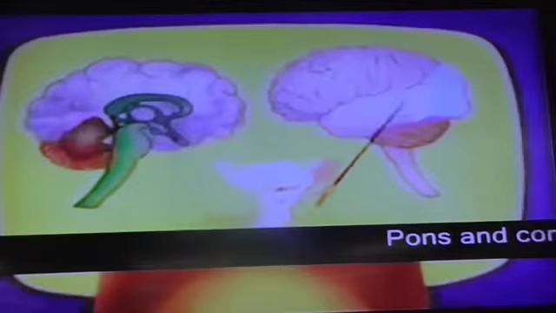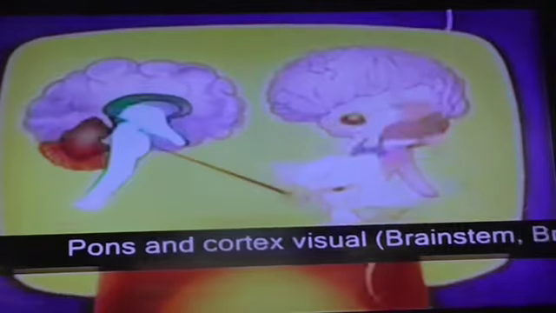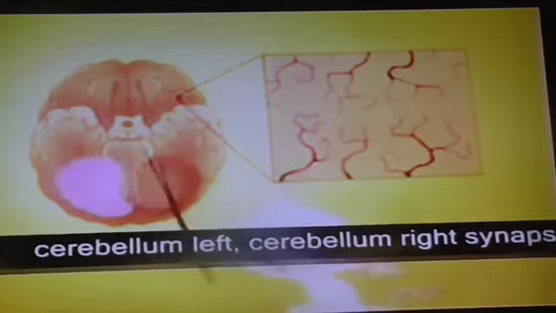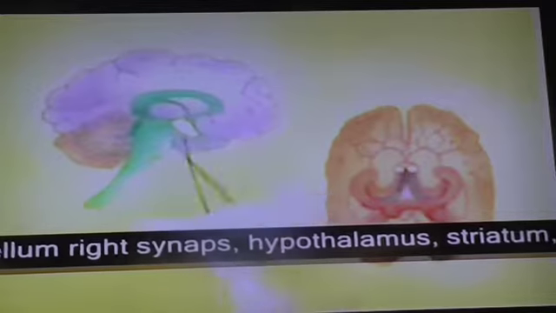Hippocampus, neural node, right hemisphere. Pons and cortex, visual. Sylvian Fisher, pineal, left hemisphere. Cerebellum left, cerebellum right. Synapse, hypothalamus, striatum dendrite.